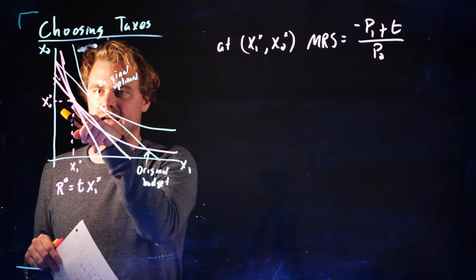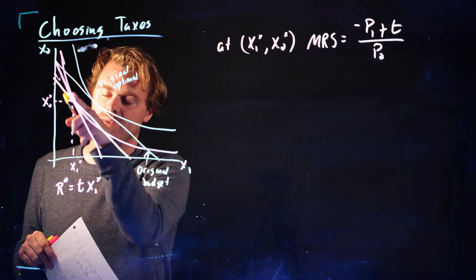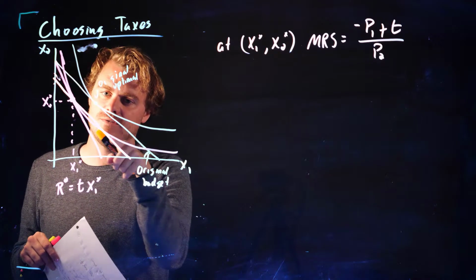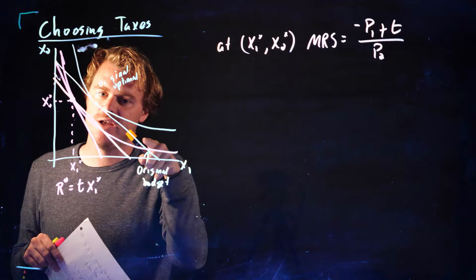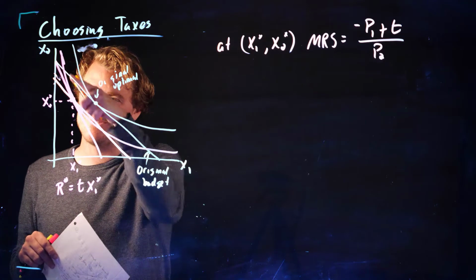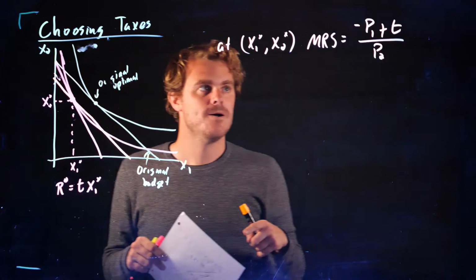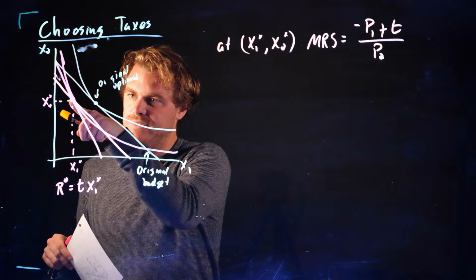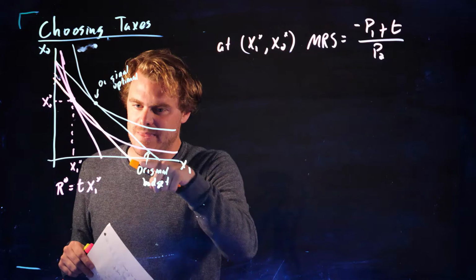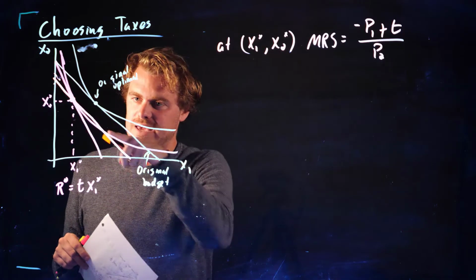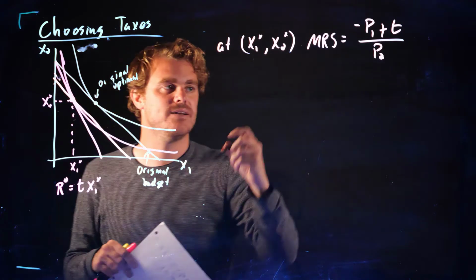That's the slope of the indifference curve that gives us the optimal under this quantity tax. So that's the slope of this one, but notice that this line, the income tax, passes through it.